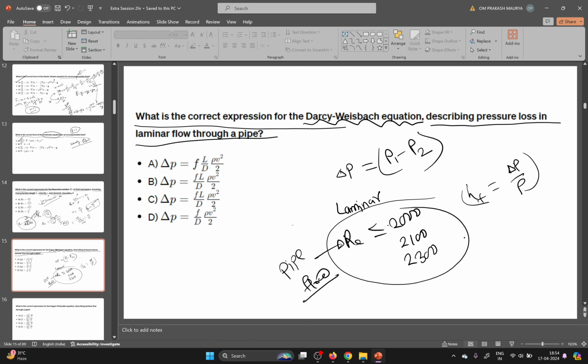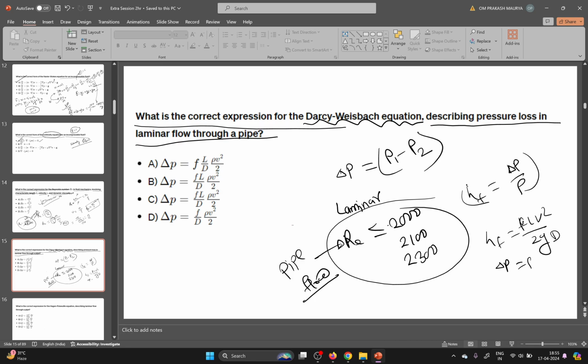So the answer to this question, if I write very quickly, you know already hf is equal to f L V square by 2 g D, but here hf is equal to delta P by rho g.